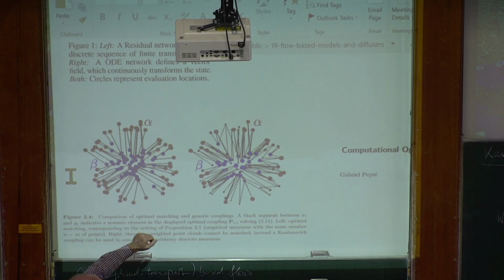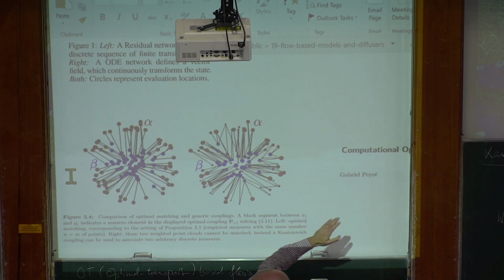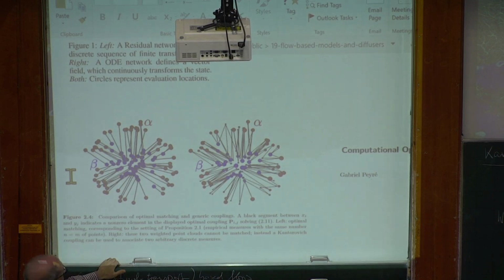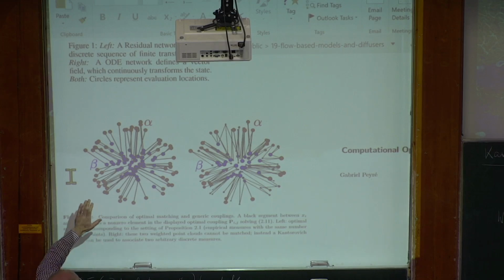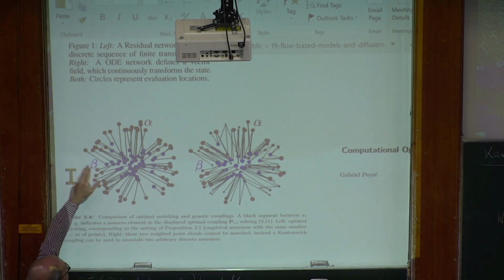This picture here is from a really nice book, Computational Optimal Transport by Peyré and Cuturi. We see two examples. So a base distribution in red, a target distribution in blue. And on the left-hand side, a deterministic mapping is possible. So each of these points has unit mass.